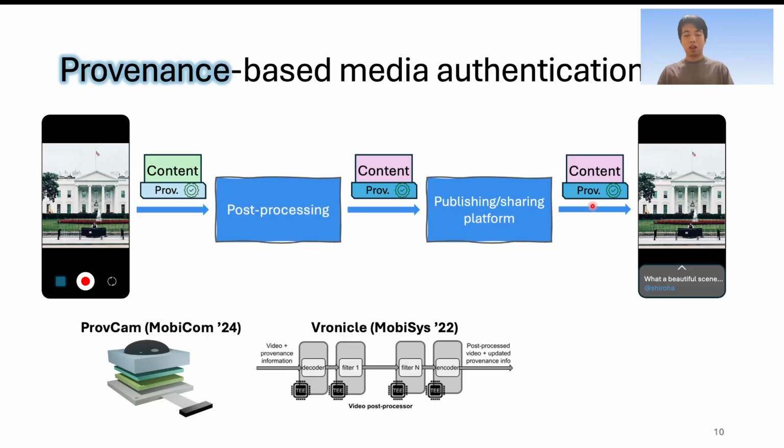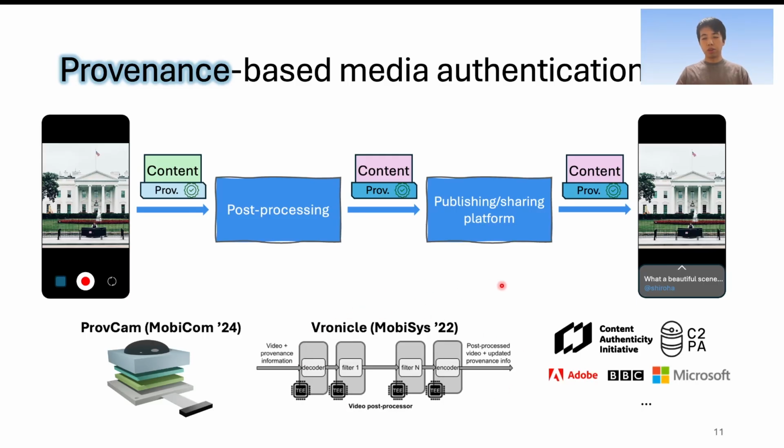And there has been some academia effort, including my previous lines of work, such as ProfCam and Veronica. There's also a huge amount of effort by the industry, like Content Authenticity Initiative and C2PA, where Content Authenticity Initiative is a joint effort by many big names in the industry, such as Adobe, Microsoft, and so on.